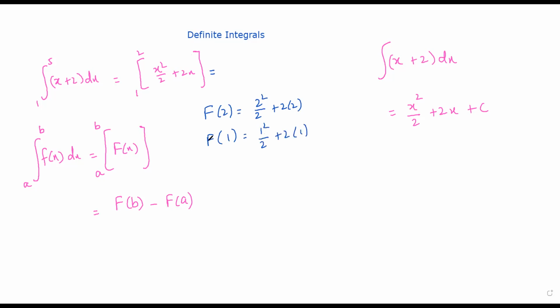That is your F of 2, and this is your F of 1. If you simplify, you get 2 plus 4, that is 6, minus half plus 2, that is 5 by 2 or 2.5. So 3.5 is the value of this definite integral.